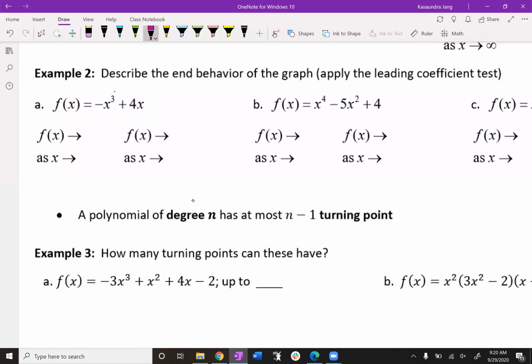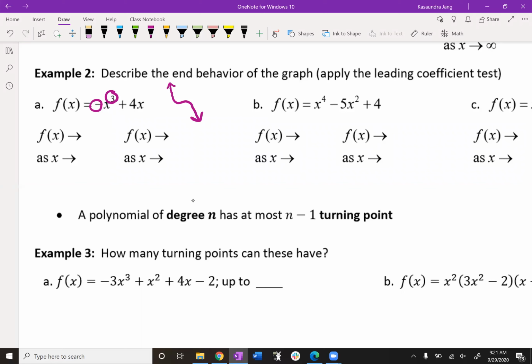This is a degree 3 polynomial, like my highest exponent is a 3, which means it's going to split either going up on the left side, down on the right side, or vice versa, down on the left side, up on the right side. If it's got some odd degree, both ends have to be split. Now, I've got a negative in front here, which is a reflection. So this would actually have the left side going up, right side going down. It could curve multiple times in there.